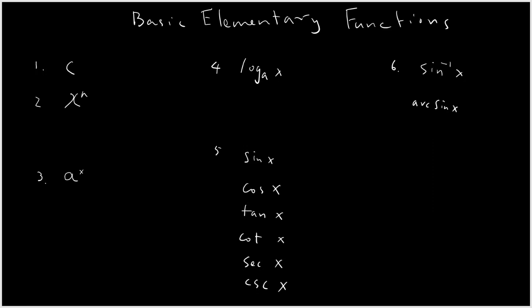Here, inverse sine is a function notation. I will make more comments later. The next one is inverse cosine of x, or arccos of x. The same thing. And then we require only 3 inverse trig functions.